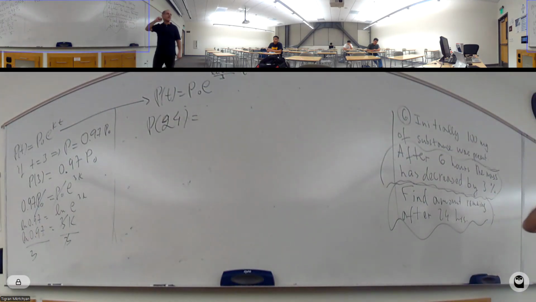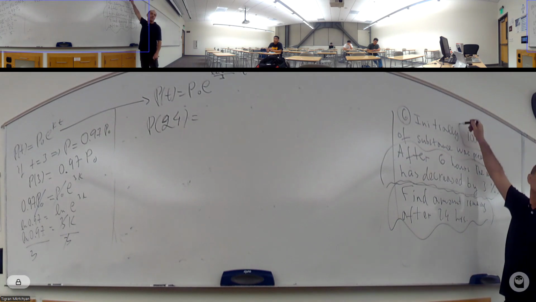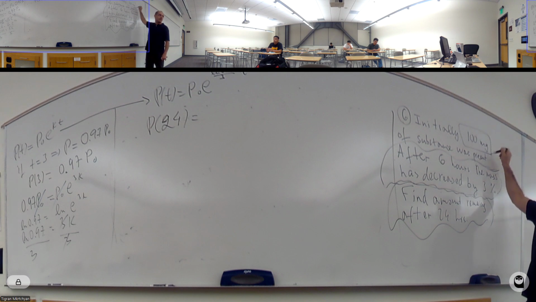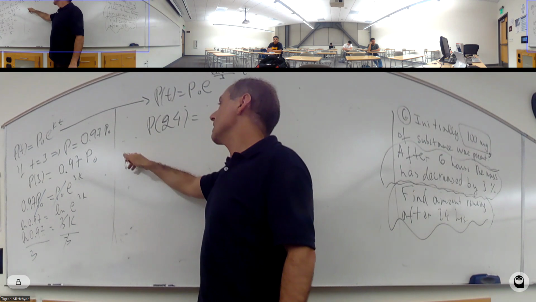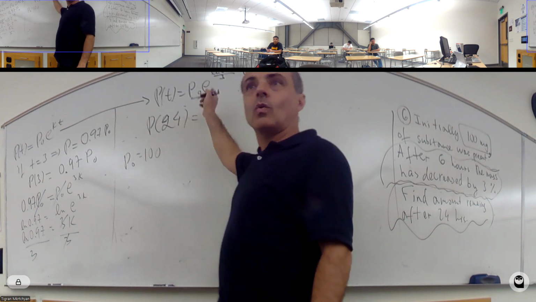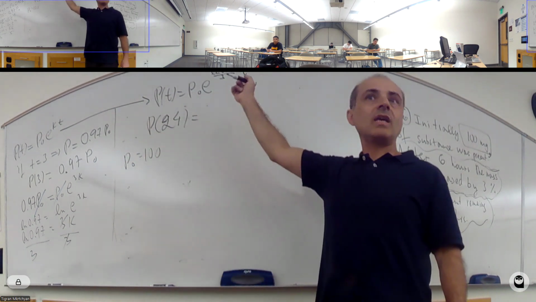What I forgot to say is, we have the initial population, P0, which was given as 100. I apologize. P0 was given as 100, so otherwise you couldn't do that, right?